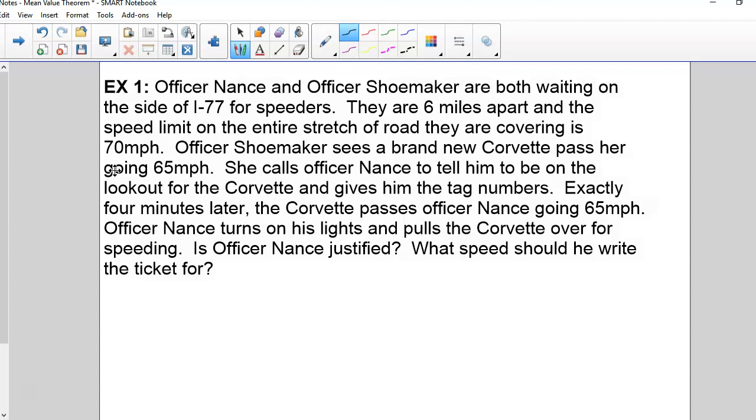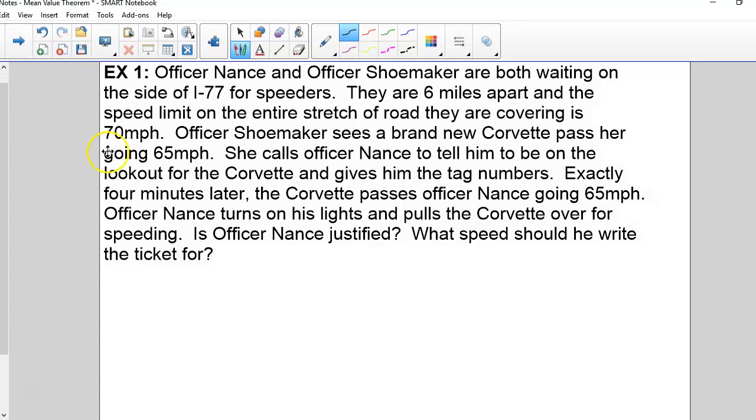For this problem we must assume that we can prove that they are exactly 6 miles apart, that it took exactly 4 minutes, and that it was in fact the same car and not another brand new Corvette that looked just like it. All of those things we're going to assume we could prove in a court of law. It's probably unlikely that cops are actually doing this, but if they could prove it, we need to know if they're justified.